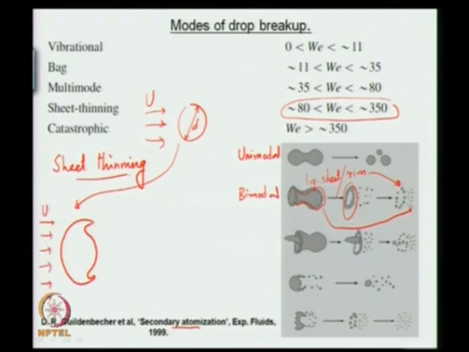So, this is where the side of the drop is being stretched forward as opposed to the middle of the drop being pushed forward, which was the case in the bag breakup mode.